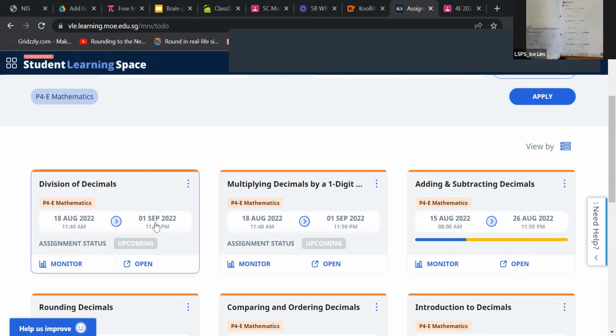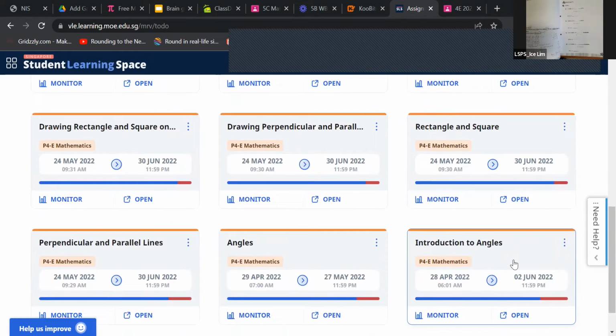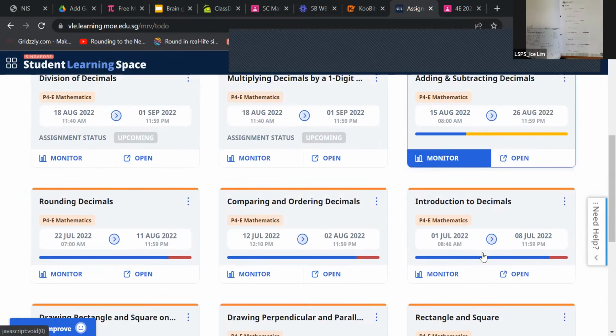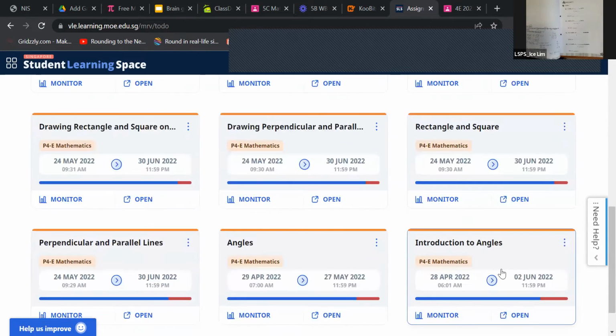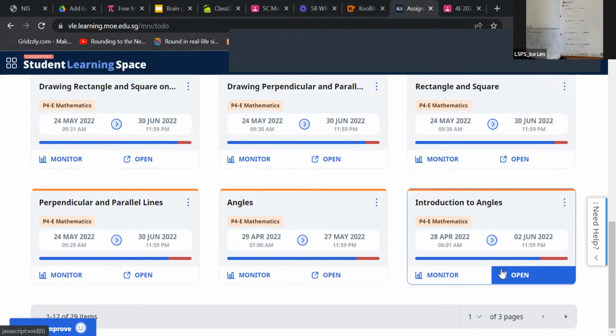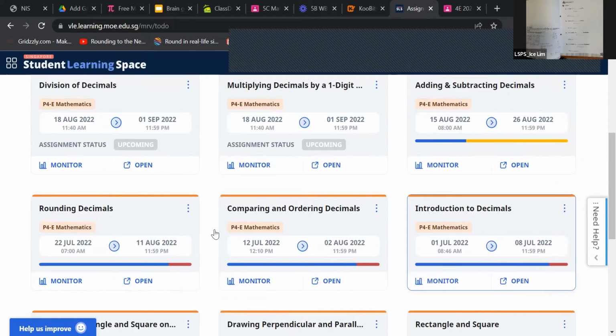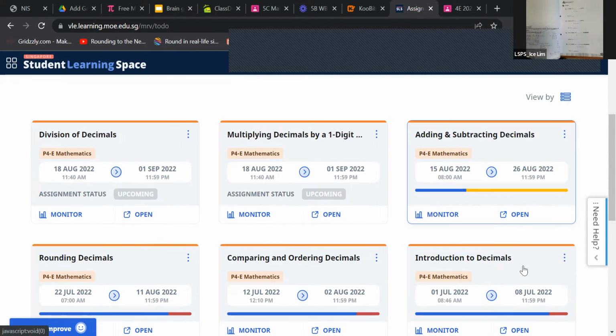So for your test, if you have completed all of these assignments on SLS, including the previous ones on angles, squares, and rectangles, and the whole bunch of decimal lessons assignments, including the new ones for the weekend, then I think you're quite ready for the test.